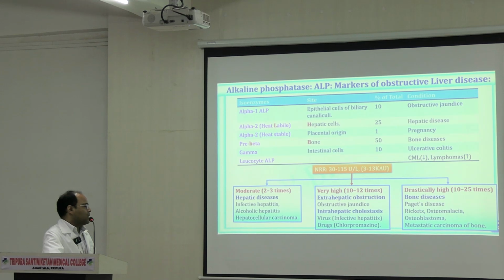Very high increase, 10 to 12 times, is seen in extrahepatic obstruction like obstructive jaundice, and intrahepatic cholestasis, like some drugs such as chlorpromazine, and virus infections like hepatitis B virus, C virus, E virus. Hepatitis B, C, very important.